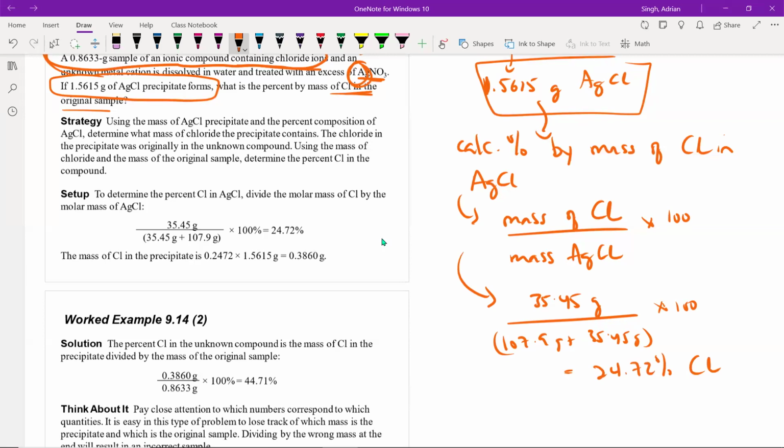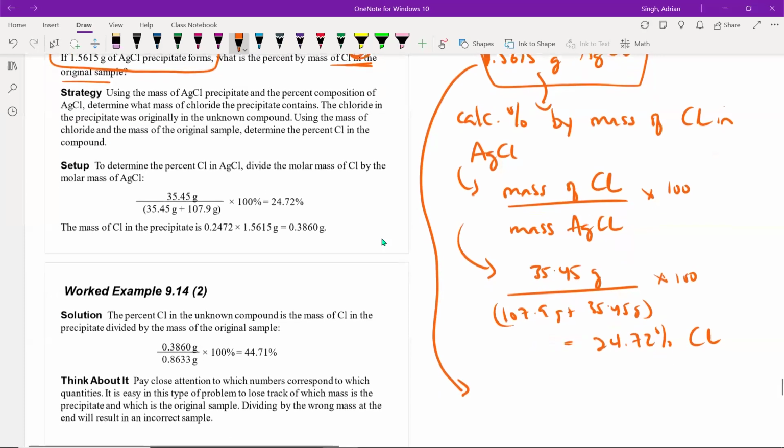Well, we generated 1.56 grams of this silver chloride product. So if we take that 1.5615 grams of our product and we multiply it by the percentage of chloride in silver chloride, 0.2472.